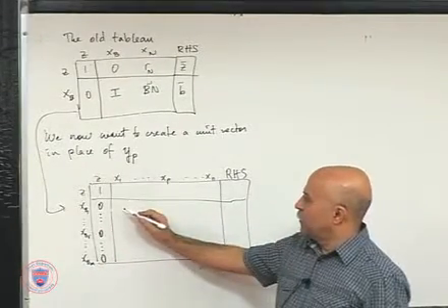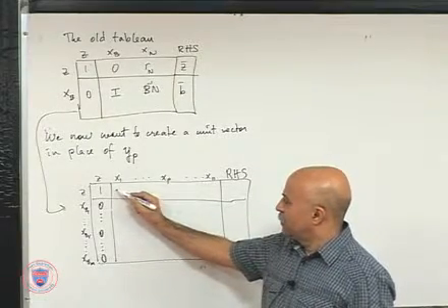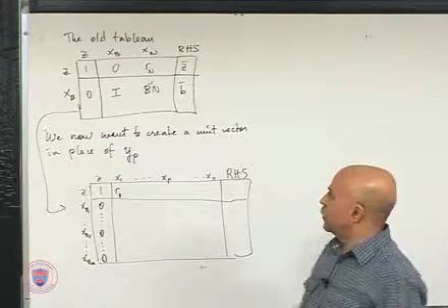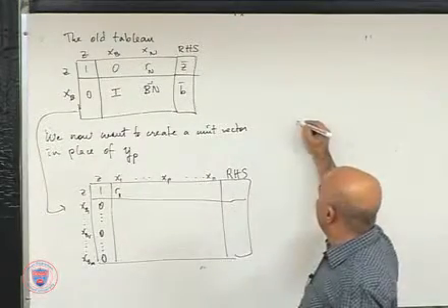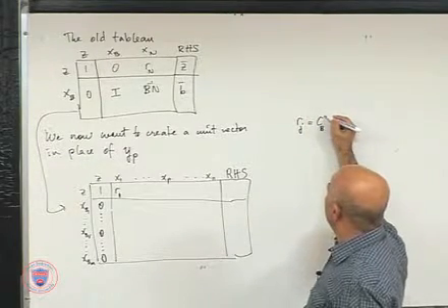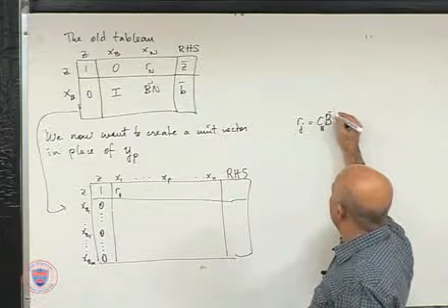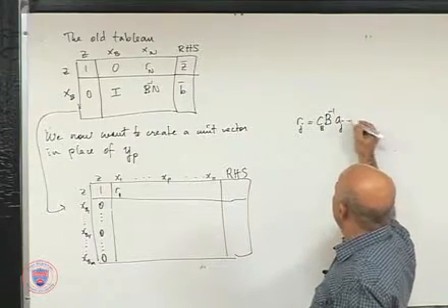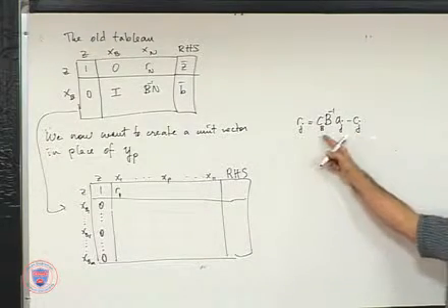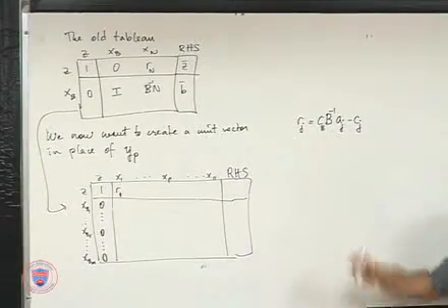For X1, you've got R1 here, the reduced cost for that one, where Rj is defined by CB B inverse A sub j minus C sub j. For non-basic indices, this is the old definition of the Rj. For basic indices, this will output 0.